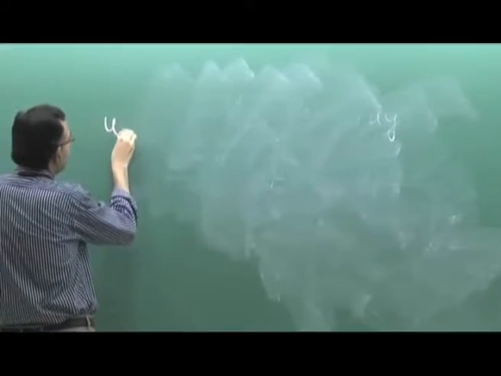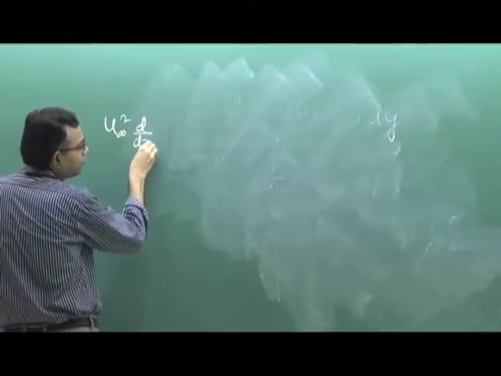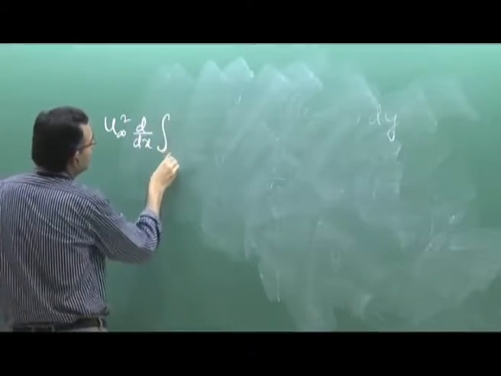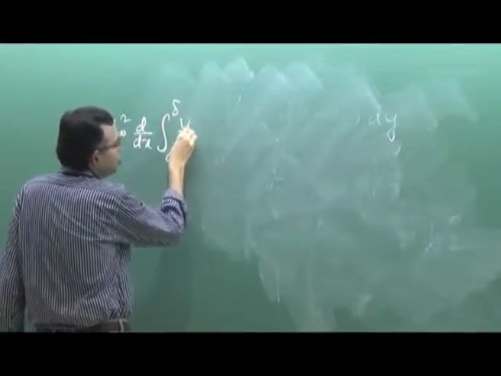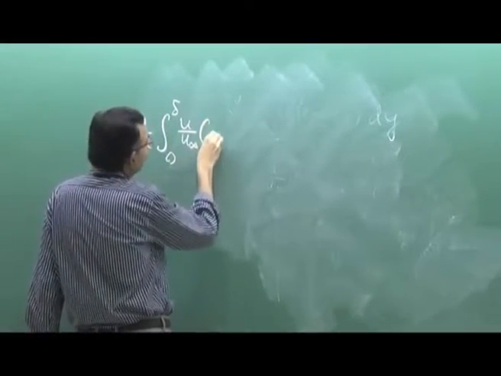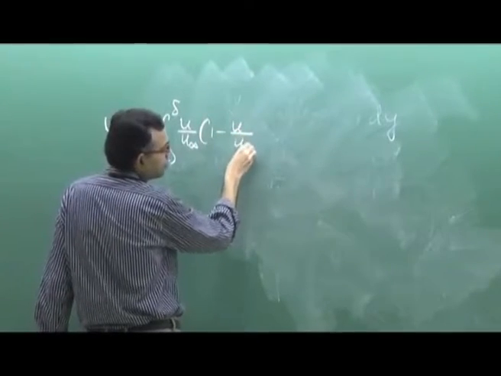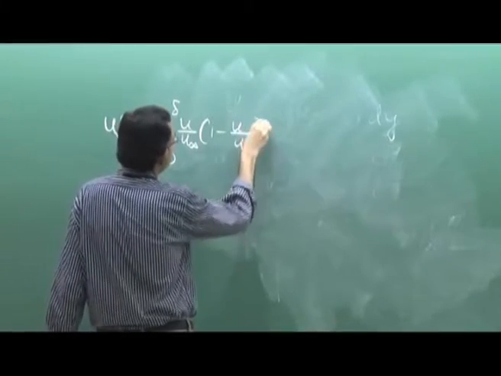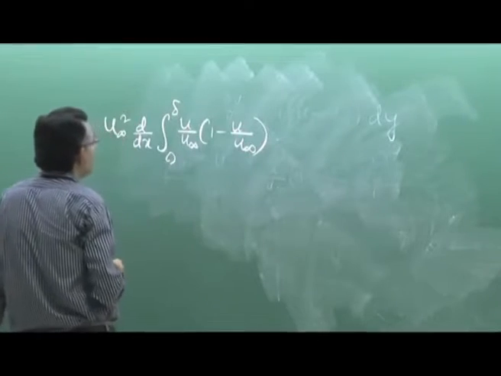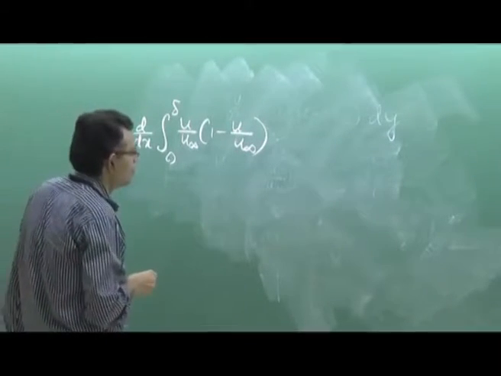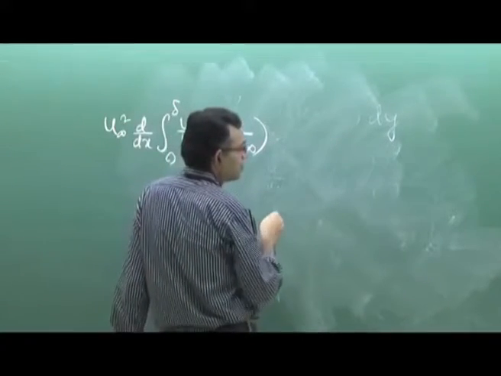So u infinity square d dx of integral 0 to delta u by u infinity into 1 minus u by u infinity, there is a minus here, right?